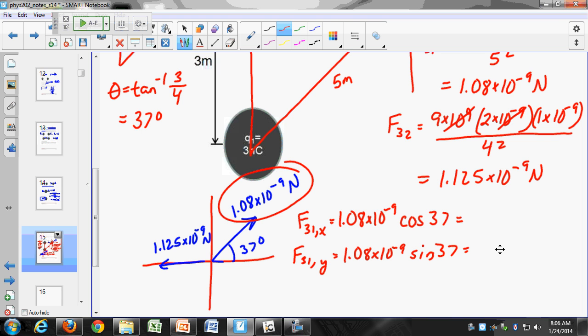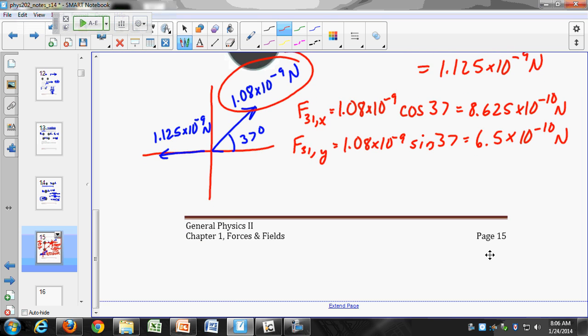You get 8.625 times 10 to the minus 10. I'm going to keep more sig figs than I need right now until we get to the end. And 6.5 times 10 to the minus 10. So those are my x and y components of F31.